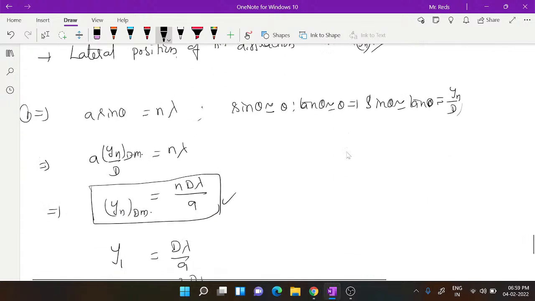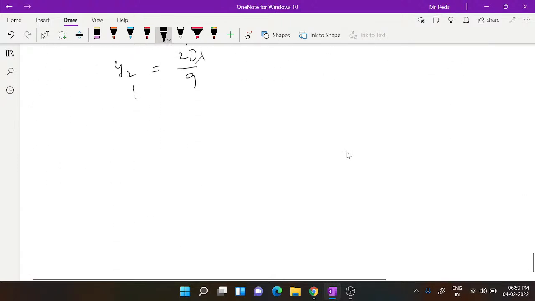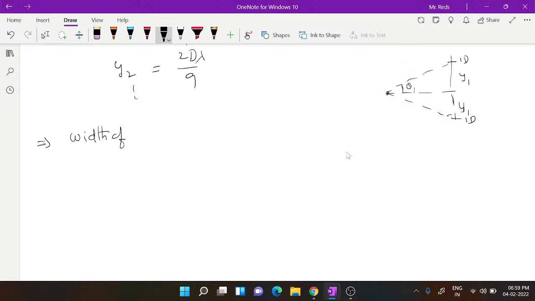In terms of lateral displacement, you can draw a similar diagram. If this is a central line, this is a screen, this is theta 1, and we have formed the first diffraction minima at a lateral distance of y1, similarly on this side also you will get the first diffraction minima at the same angle theta 1 and same lateral distance y1. Then the width of the primary maximum is given by y1 plus y1, 2y1.